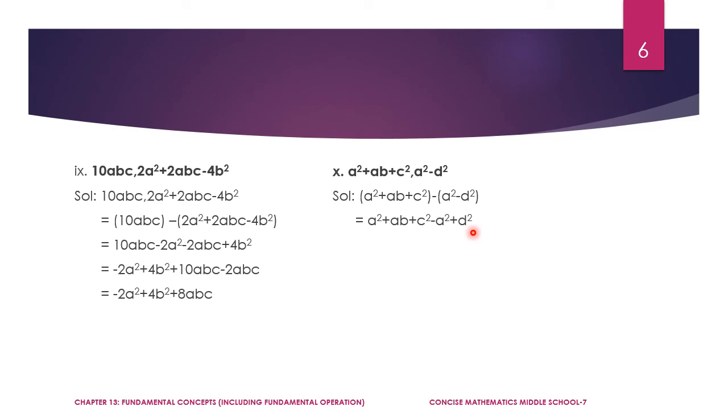Now the third step, arrange all the like terms together and now perform the fundamental operations. It is really very easy. Just understand it and keep practicing. A square and a square get cancelled because one is having a positive and the other is having a negative sign. And the answer is c square plus d square plus ab.